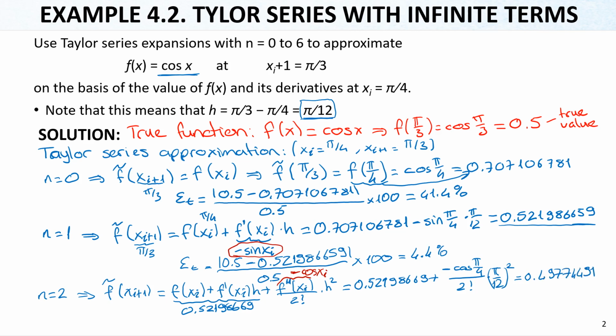0.49774491. So you can see the error reduced further, and if we calculate the relative error epsilon t for this, true value minus approximated value divided by 0.5 times 100, we see that the error reduced to 0.44%.